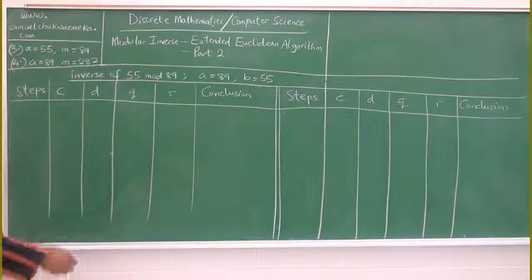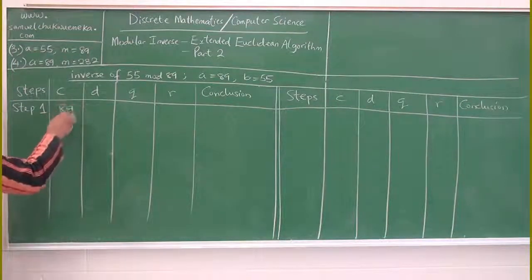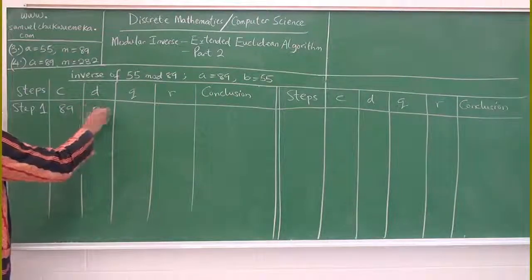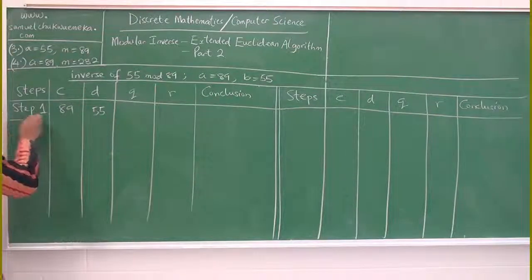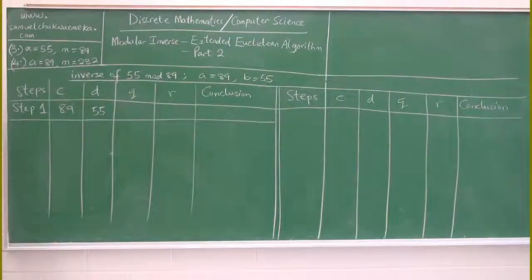Okay, so step one. Our C will be the bigger one, 89, and our B will be 55. Step one is done for now. Then we have step two.